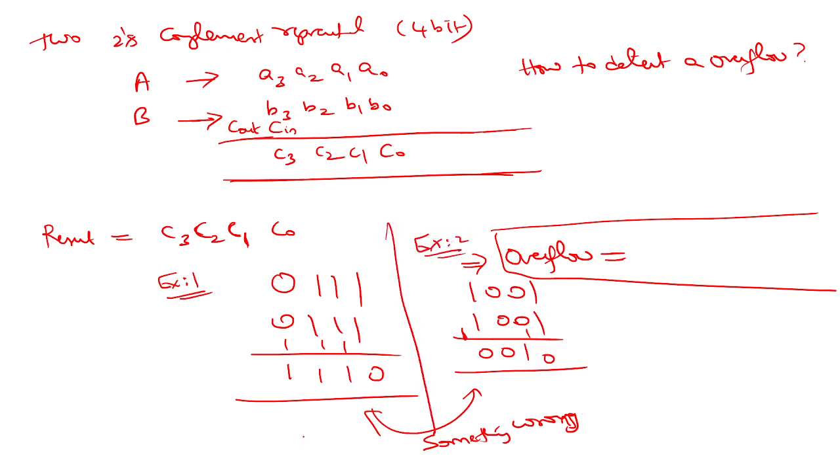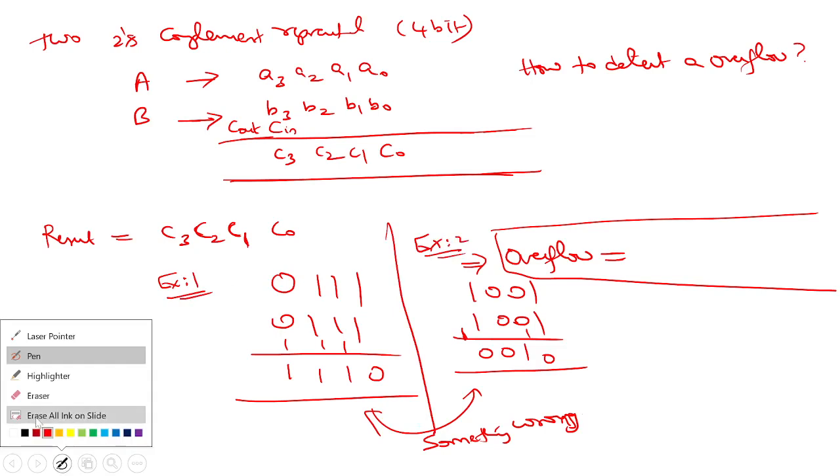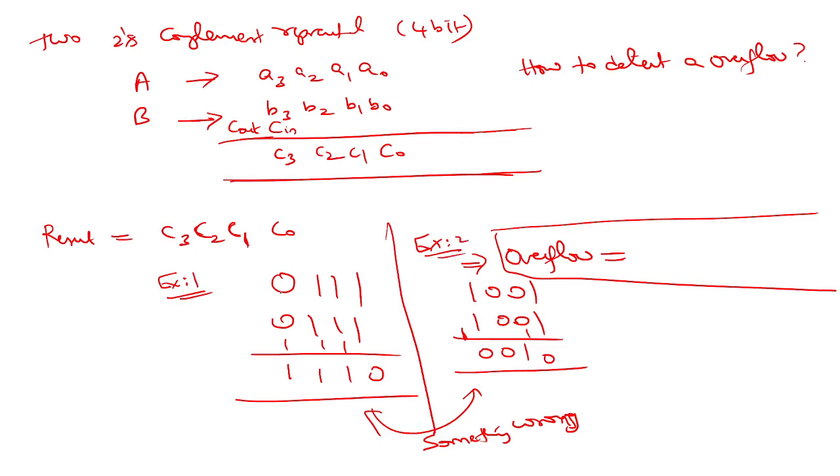Let's talk about example 1. What is the C out? 0, correct? Because this is the output carry. What is the C in? It is 1. In example 2, C out is 1, C in is 0.